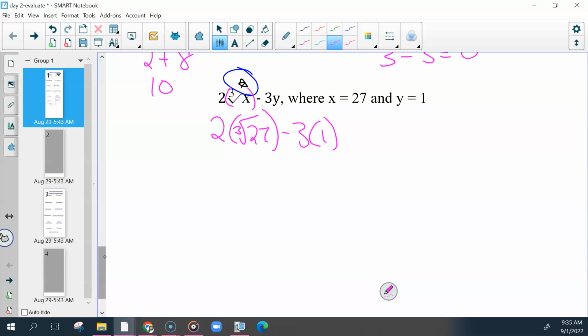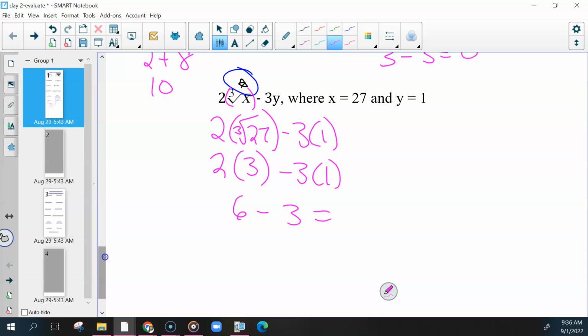What would we do first? Cube root of 27. Which would give us, we just found, is 3. Now in this case, we can multiply both of these at the same time. 2 times 3 would give us 6. 3 times 1, 3, would give us 3. So we get 3.